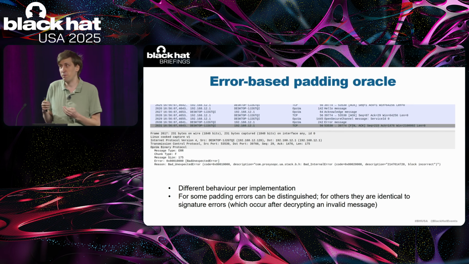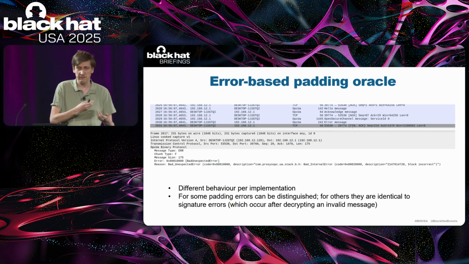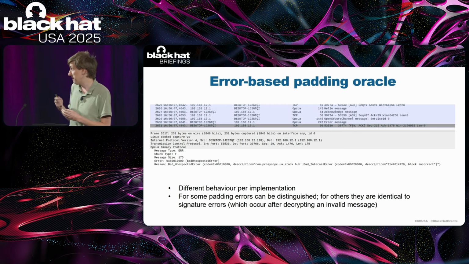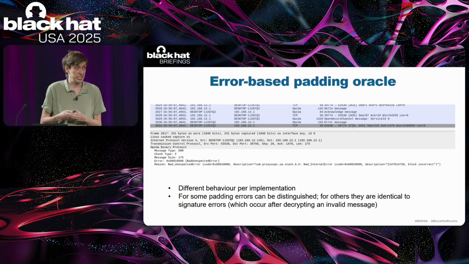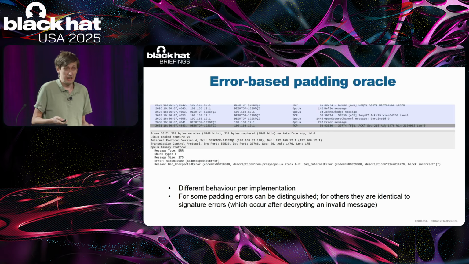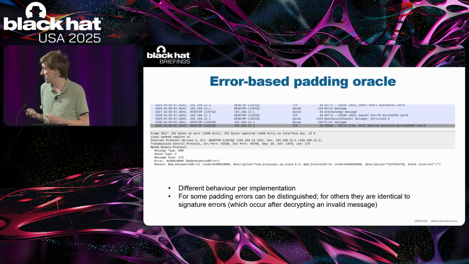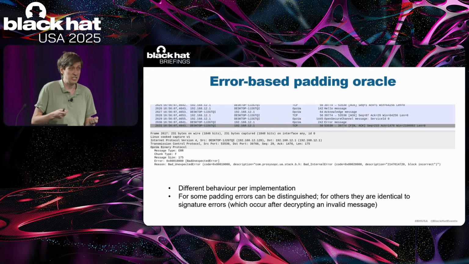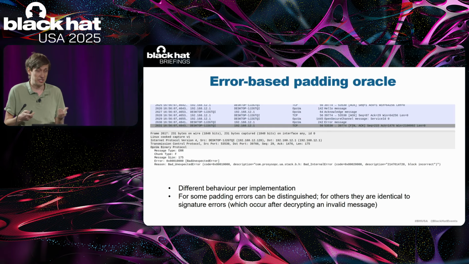And of course, to make this work in practice, you still need a padding oracle. You need a way to distinguish valid padding from invalid padding. For some implementations, this is very easy, because they simply give a different error message. If the padding is wrong, you can see a certain type of error code, a certain type of string occurring in the error message. And if the padding is right, this is somewhat different.